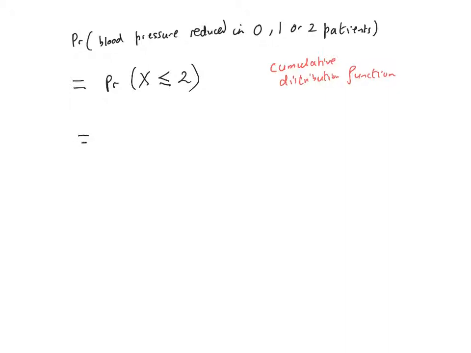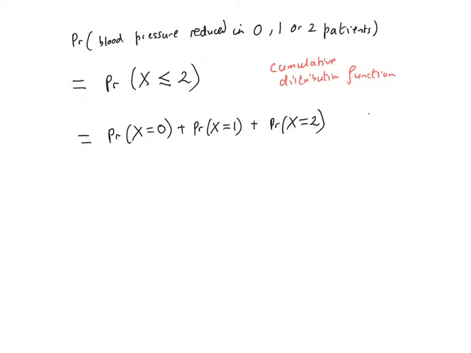We could work out that probability just by working out the probability X equals 0, so that's no patients have reduced blood pressure, plus the probability X equals 1, that's 1 patient with reduced blood pressure, plus the probability X equals 2, that's exactly 2 patients with reduced blood pressure. So in a sense we're accumulating the probabilities, and that's why it's called the cumulative distribution function.